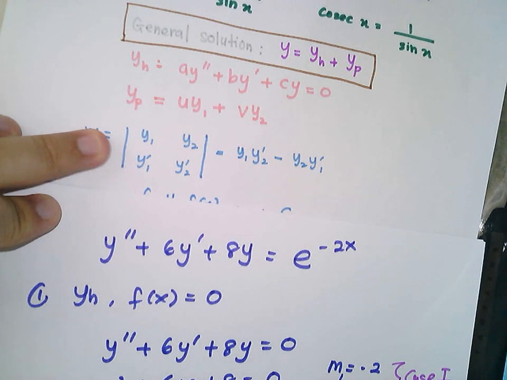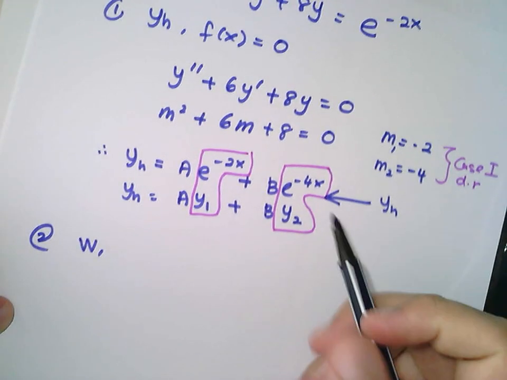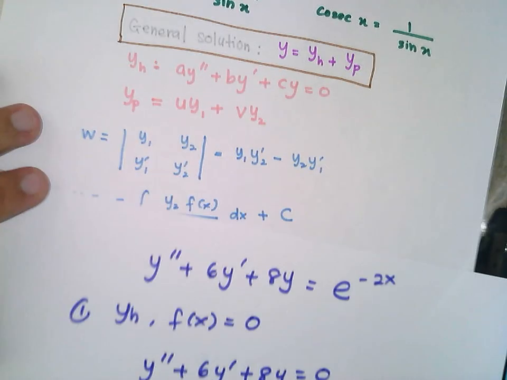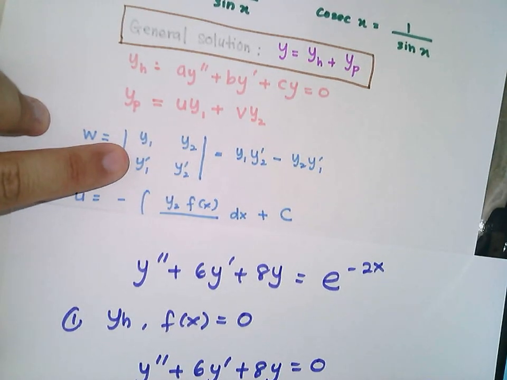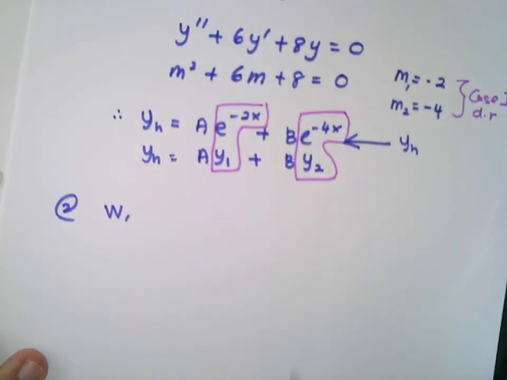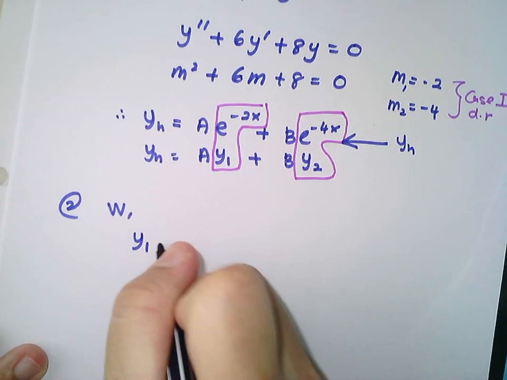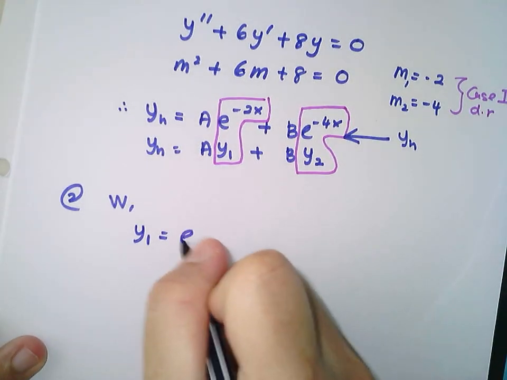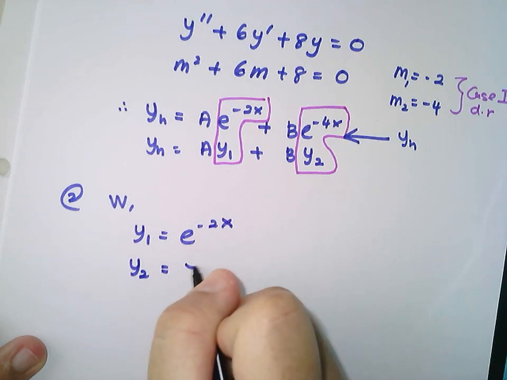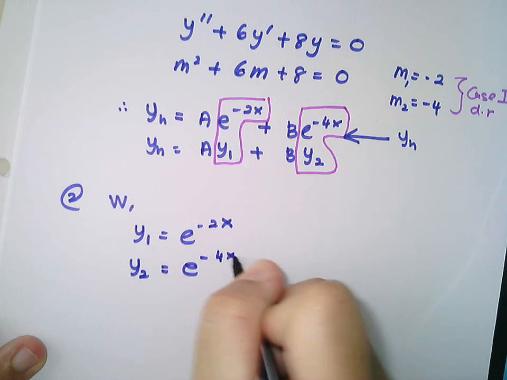That's why in the first step, you were asked to define what your y1 and y2 are, because you are going to use that function in the next step. Okay, so your y1 is equal to exponent negative 2x. Your y2 is equal to exponent negative 4x.